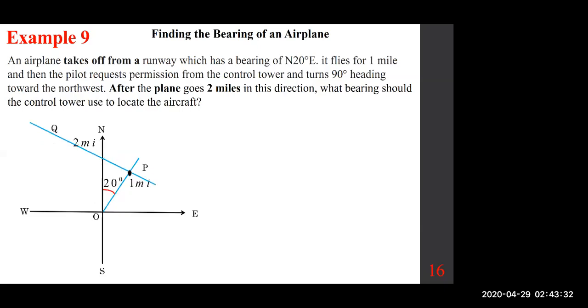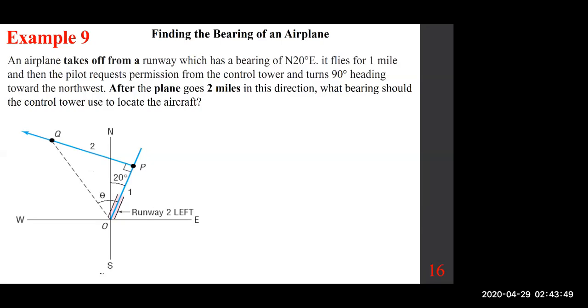So we are going north 20 degrees east for 1 mile. Then we make a 90-degree angle, and it will look like this, and we keep on going. So after 2 miles, now we are at a new point, let's say Q. What bearing should the control tower use to locate the aircraft?